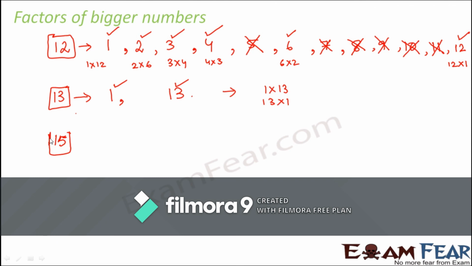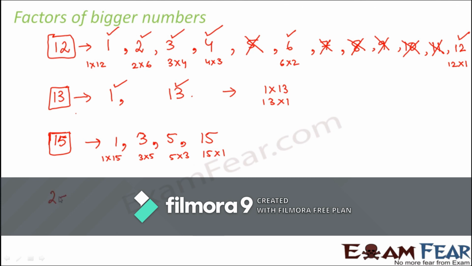What do you say about 15? Again, you write the same list of numbers and you would realize that 1, 3, 5 and 15 are the factors. That's because 1 into 15 is 15, 3 into 5 is 15, 5 into 3 is 15 and 15 into 1 is 15.